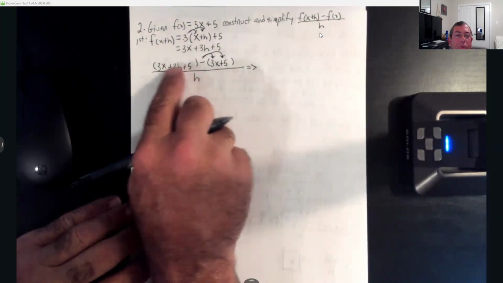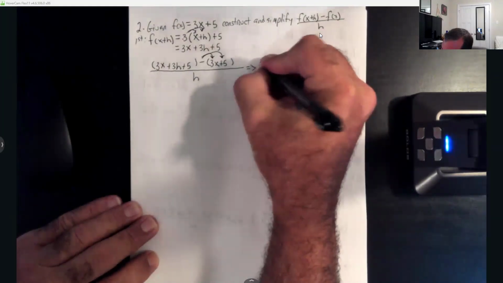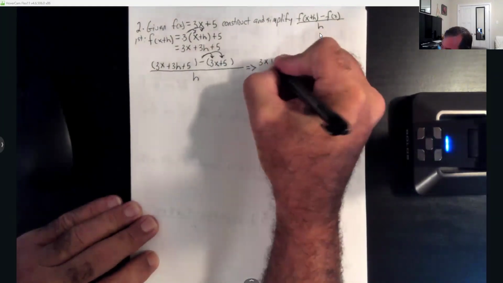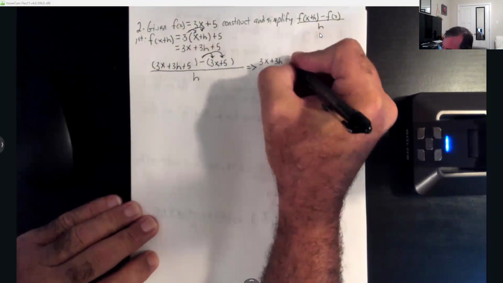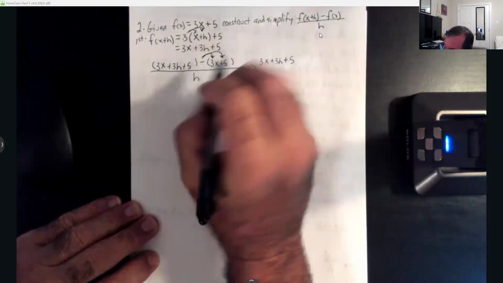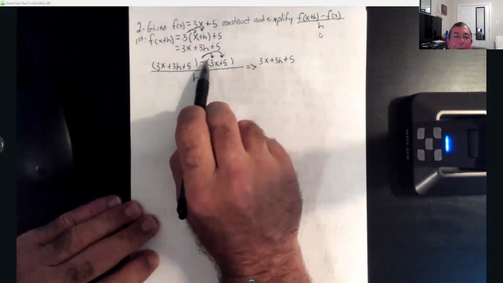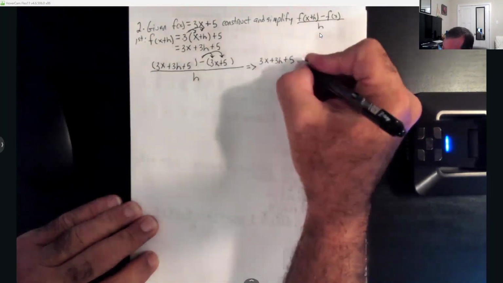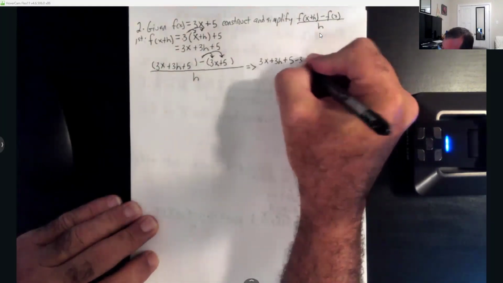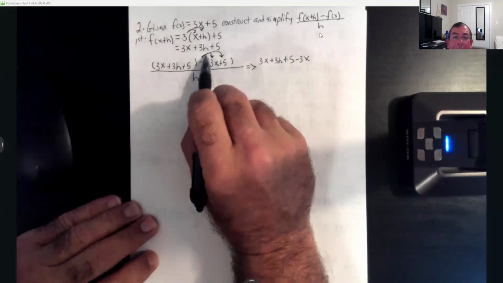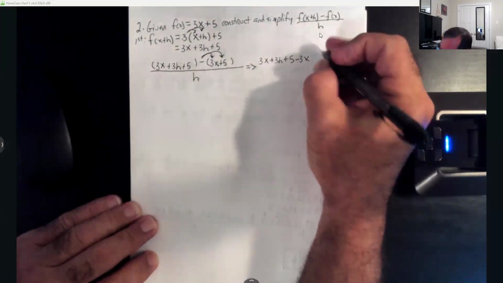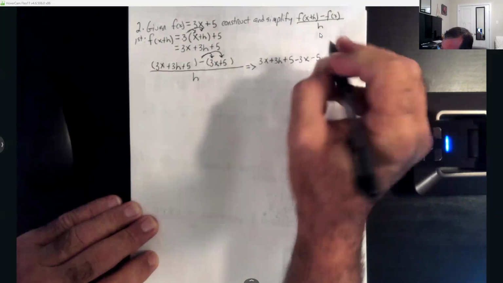So like I said, the first one stays the same, 3x plus 3h plus 5. Then we'll distribute the negative times the 3 is negative 3x. The negative times the positive 5 makes that a negative 5.